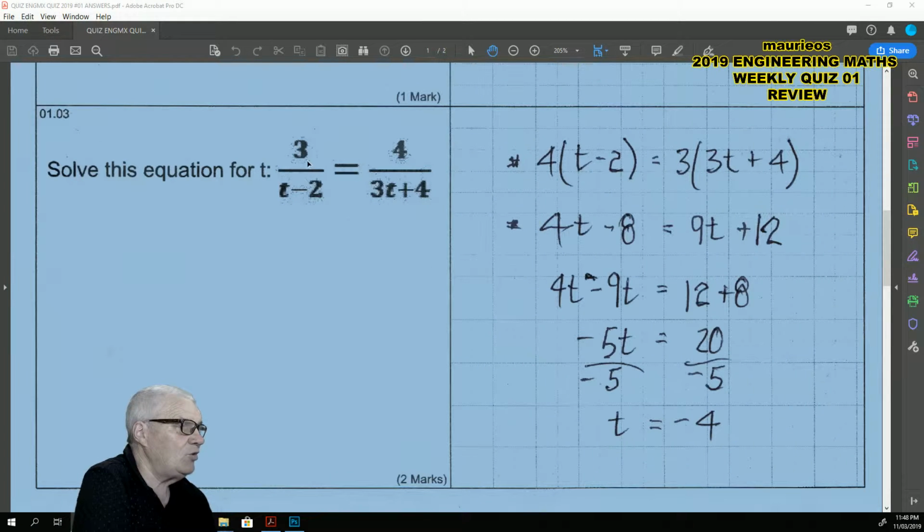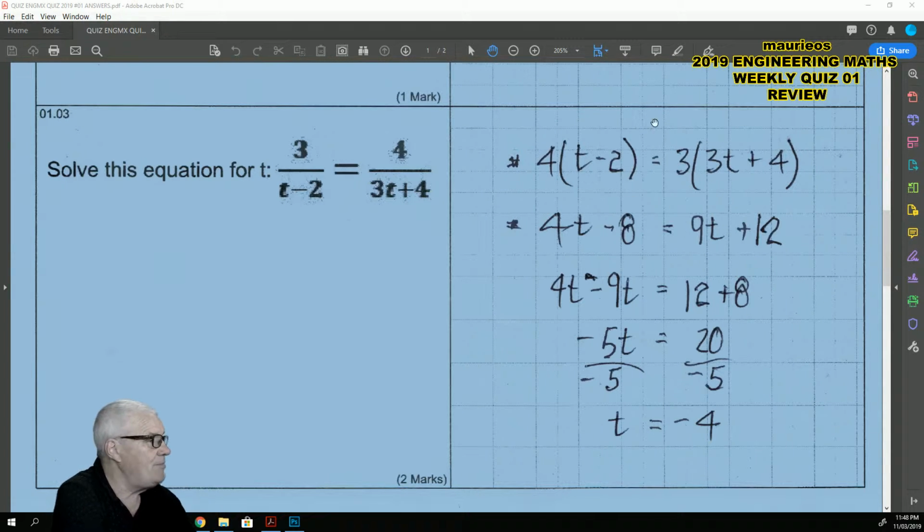So what we do is, I've done it a bit back to front, I guess, but 4 times t minus 2. So that's multiplying across there. It doesn't matter which way you do it. So 4 times t minus 2 has gone there, and 3 times 3t plus 4.